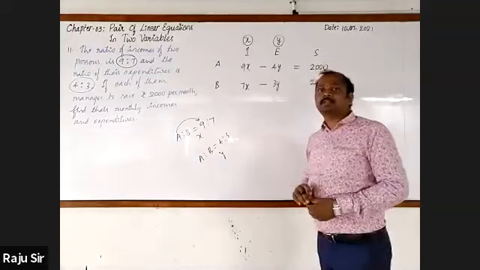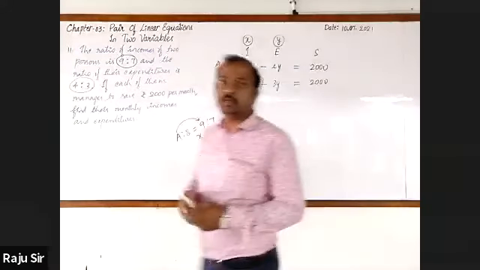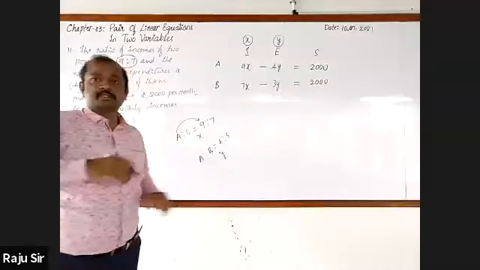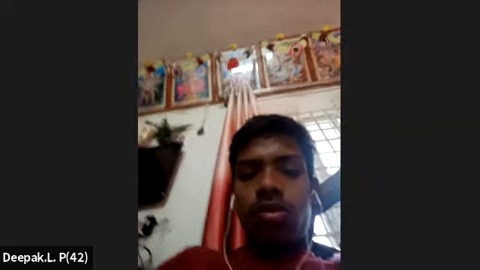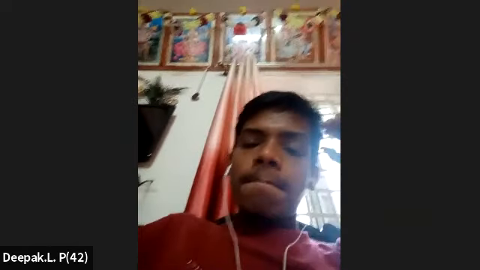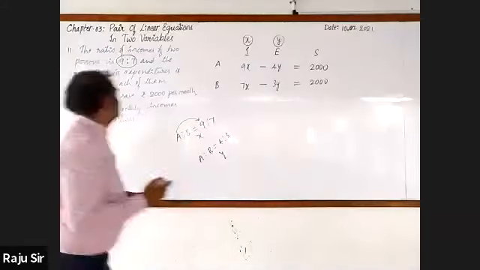So 7x minus 3y, if you subtract that, you will get savings equal to 2,000. So these are the two equations. Is it not simple? Yes, sir.